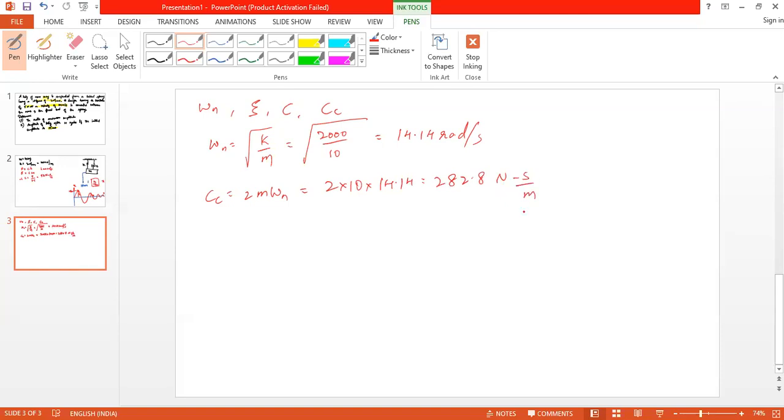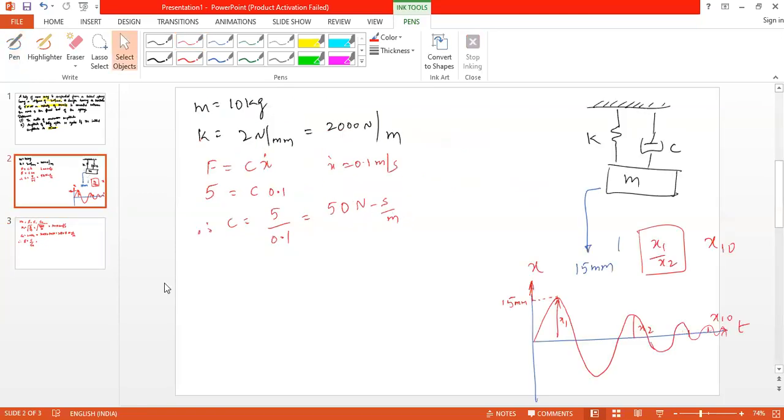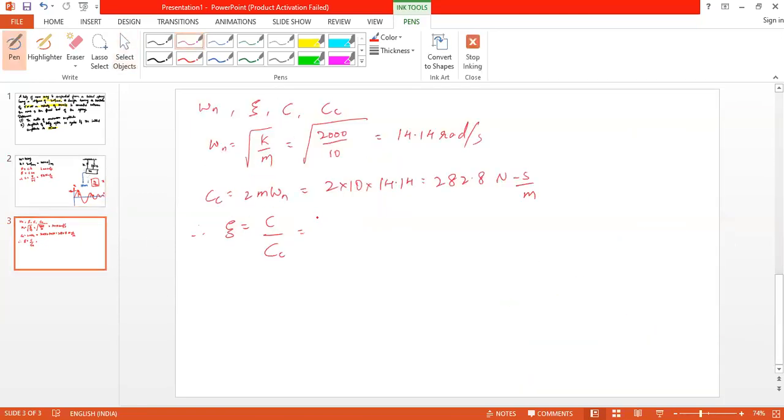Cc is the critical damping coefficient. Therefore, what is zeta? Zeta is C by Cc. And we know the value of C, that is 50, divided by 282.8. Newton second per meter and Newton second per meter cancel, so zeta has no unit. It is 0.17.